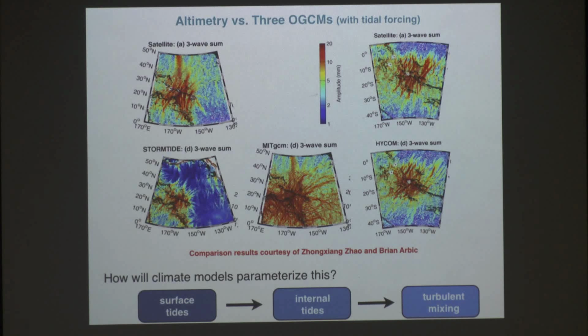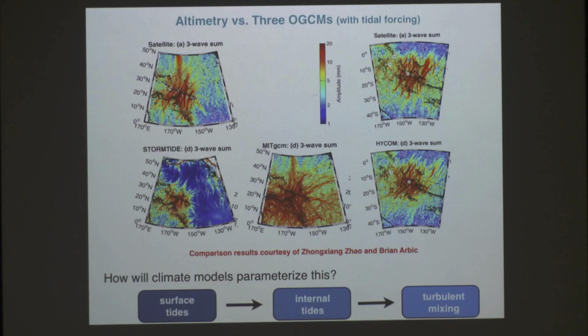And you can see that, like for the storm tide, either it's not generating enough internal tides there at the ridge, or it's decaying too rapidly. The opposite is happening in ECHO. Either too much energy is being generated, or it's being allowed to propagate too far.